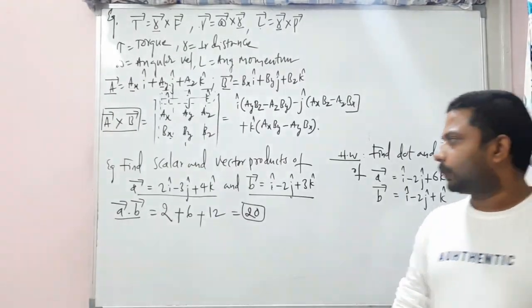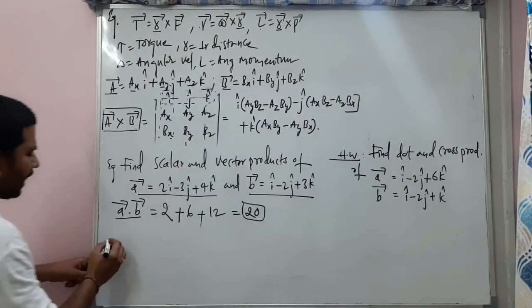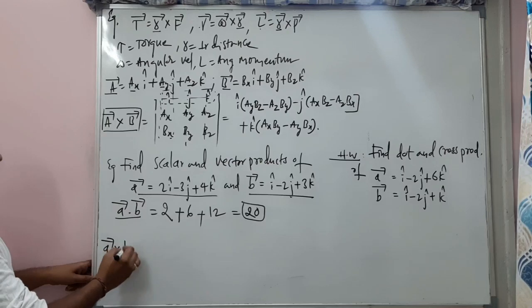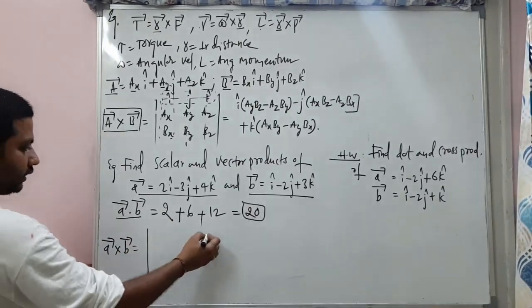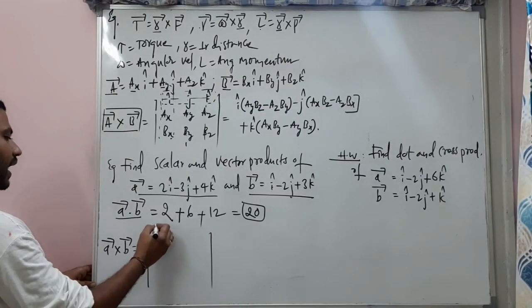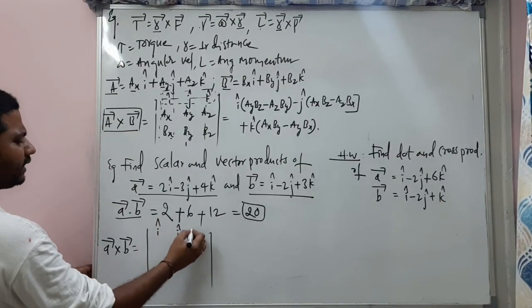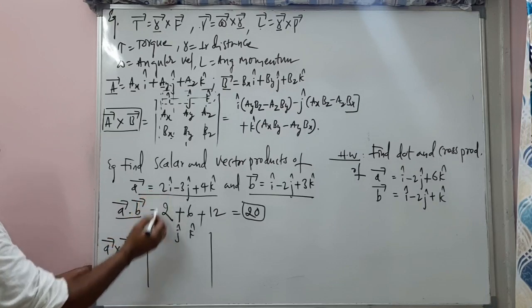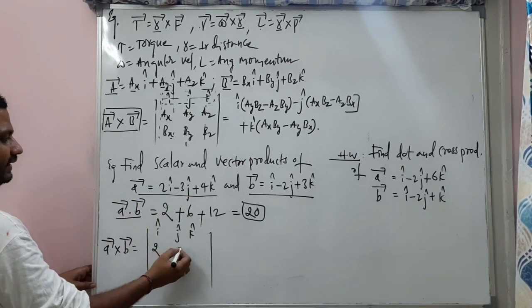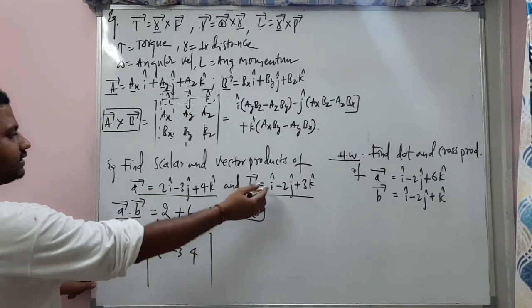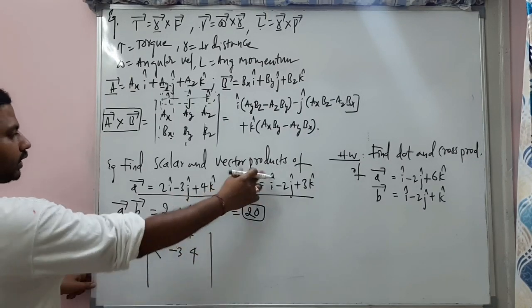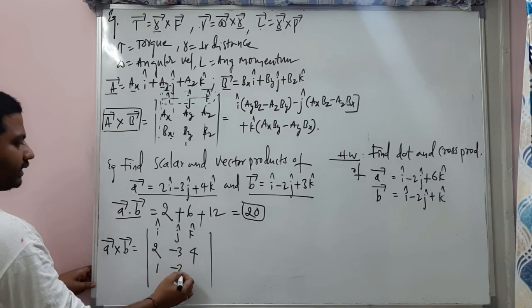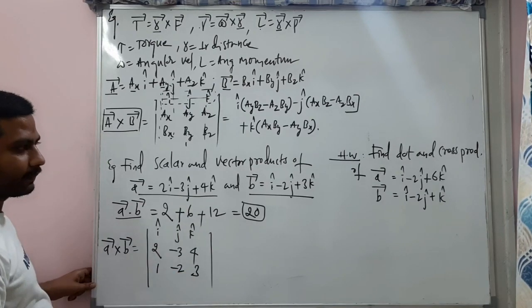Now, A bar cross B bar we can find by using the determinant method. I cap, j cap, k cap. The A bar coefficients are 2, minus 3, 4. And the B bar coefficients are 1, minus 2, 3.